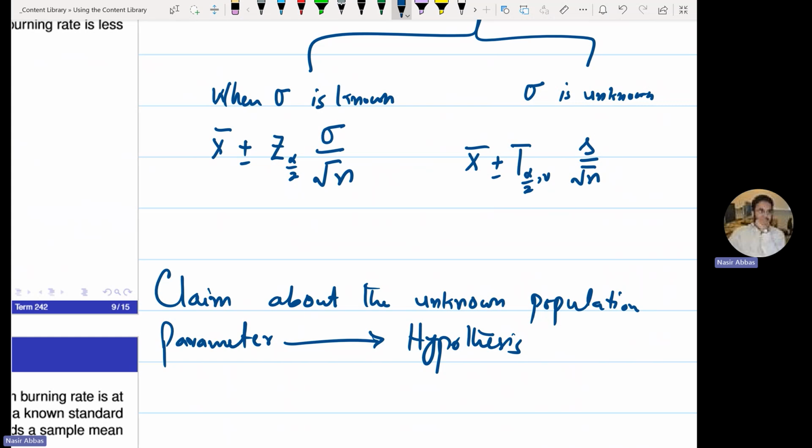Then we write the opposite of that statement. Now we have two hypotheses. The one with the equal sign, we call it H0, and the one with not equal sign, we call it H1. And then we compute the test statistic and get the critical value from the Z table and compare the statistic with the critical value and decide about whether to reject or to retain H0.